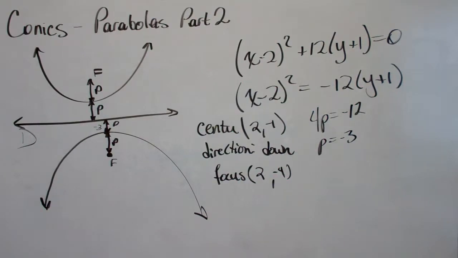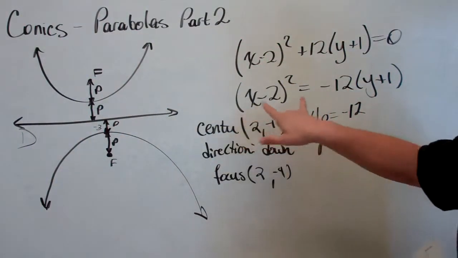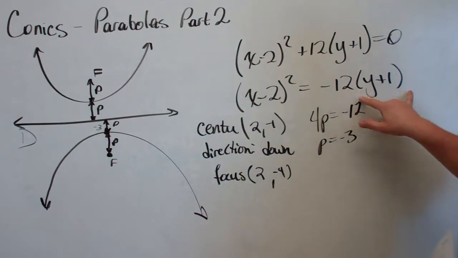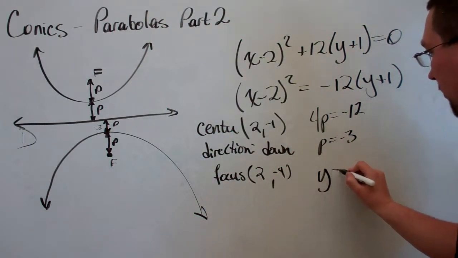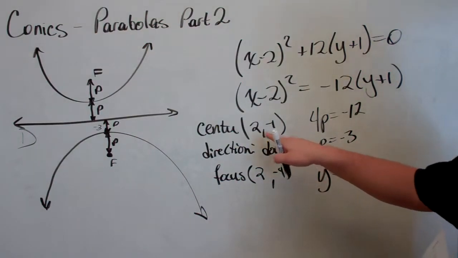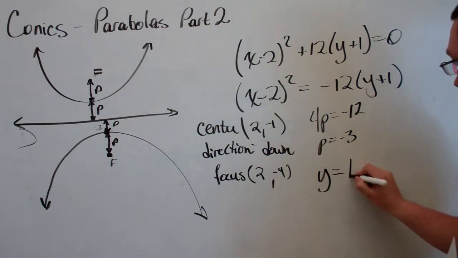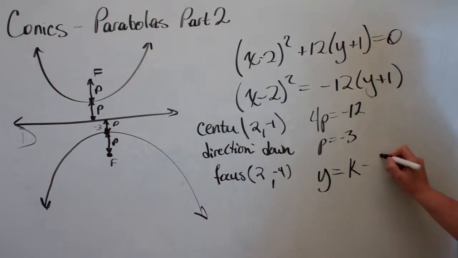Now to get the Directrix line, here's what you do. You look to see which one of your variables, x or y, is not squared. Since y is not squared, our Directrix line is going to be in the form y equals your y center point, k, minus c. So y equals k minus c.